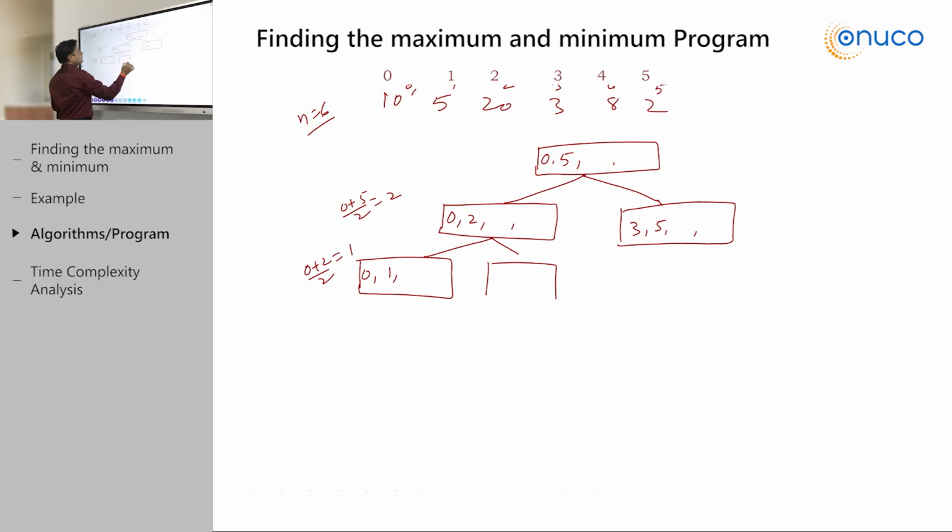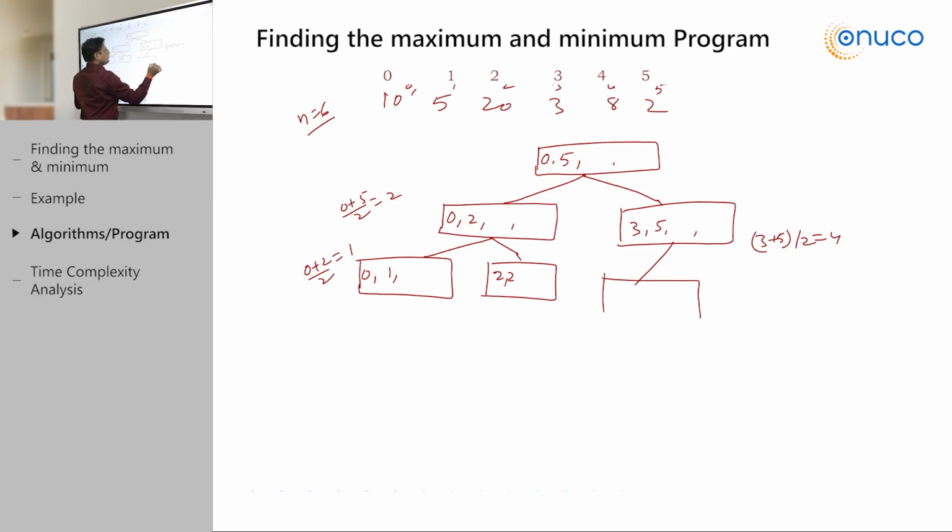The right side will be just the same element, 2, 2. Low is same and high is same. Here low is mid plus 1, 1 plus 1 is 2, and max is 2. Similarly here we have 3 plus 5 divided by 2, which is 4.